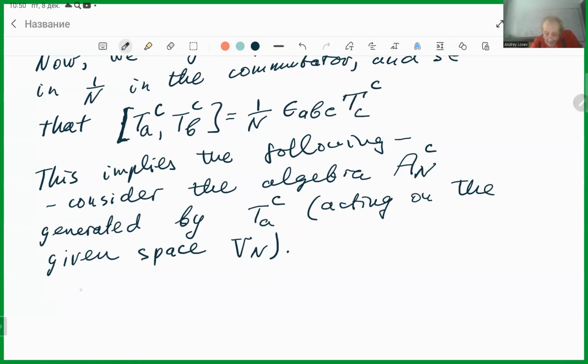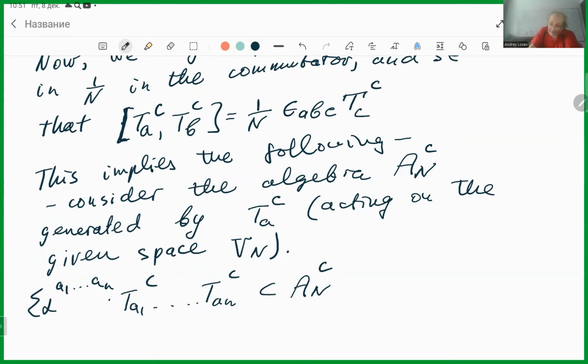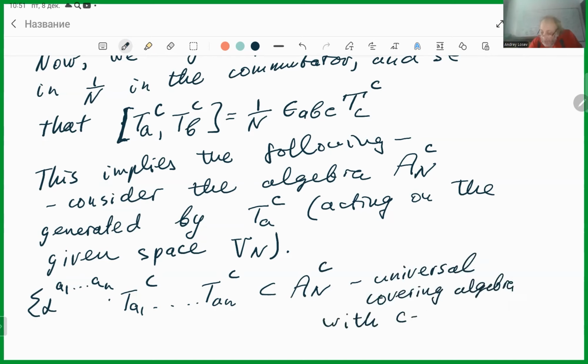I mean that we consider words TA1, C, ... TANC, with some coefficients alpha A1, ... alpha AN. So this is an element of An and C. So a universal cover? Yes.